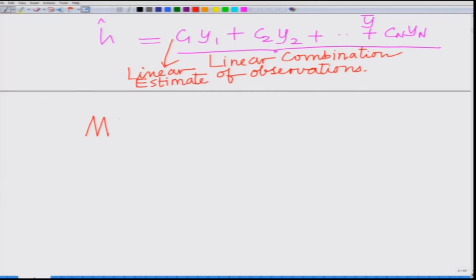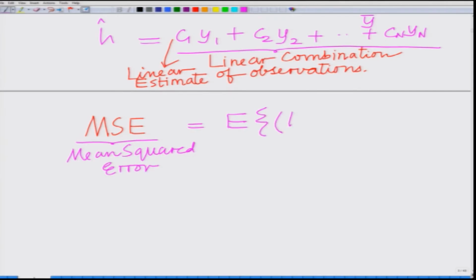So, the MSE, remember this is the mean squared error, is equal to expected value of H hat minus H whole square, which since H hat is equal to C bar transpose y bar, is simply equal to expected value of C bar transpose y bar minus H whole square.